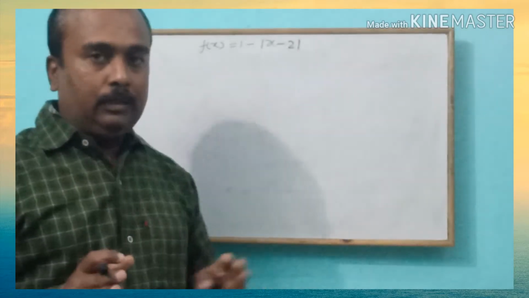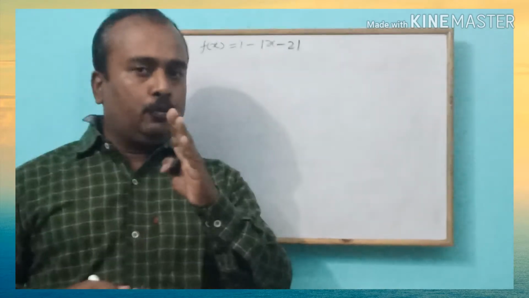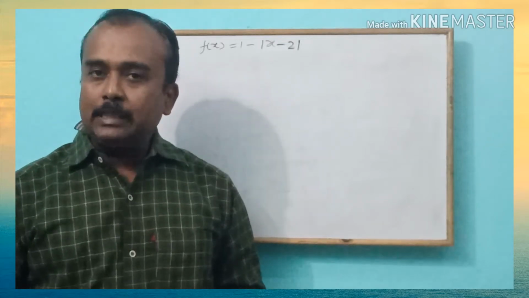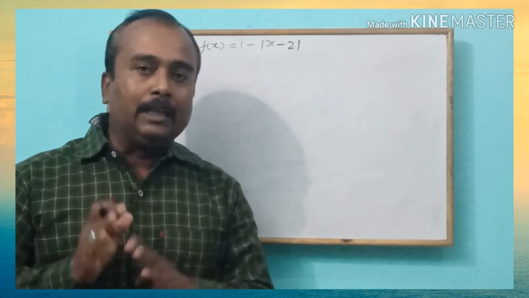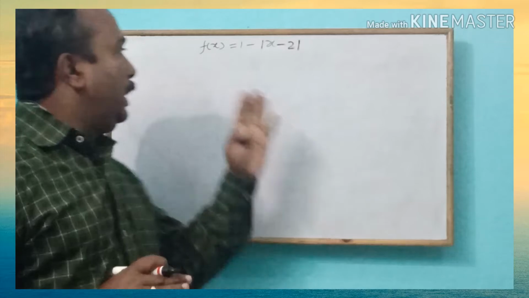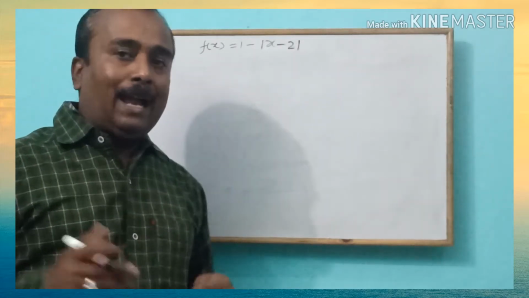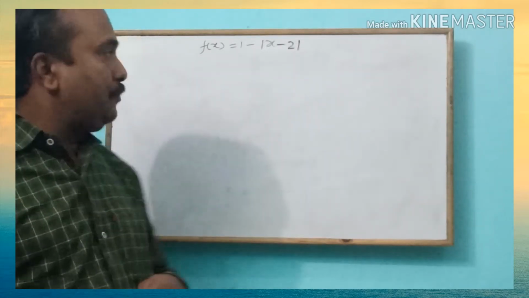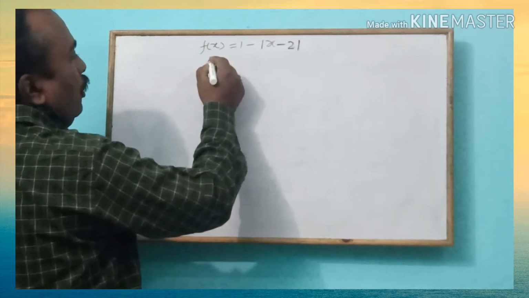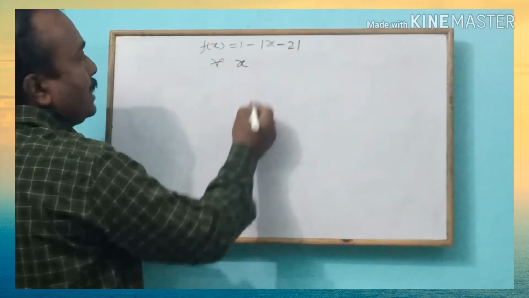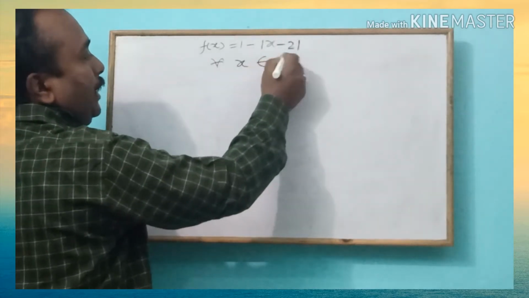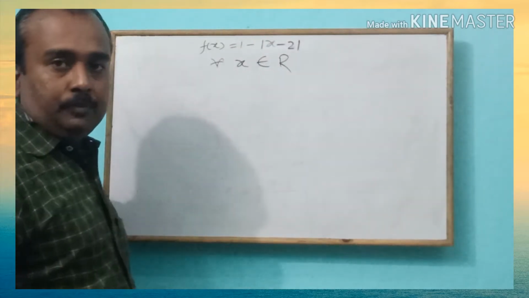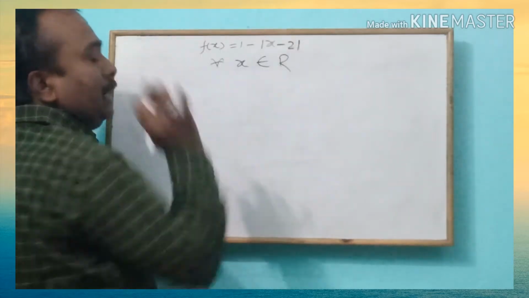What I told in the previous example is that we should choose those values of x for which f(x) will give a real number and it is finite. Now what we observe here is that for all values of x belonging to the real numbers, any real number you put, it will always give a real number.